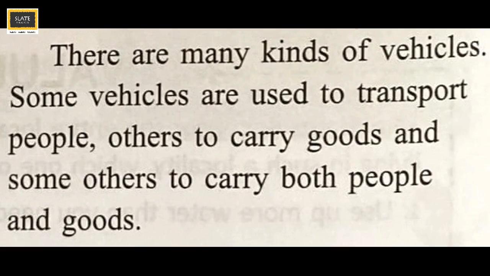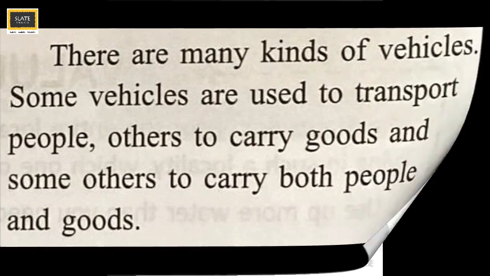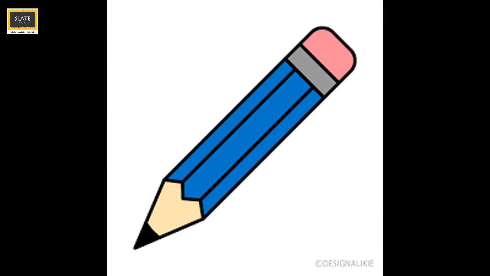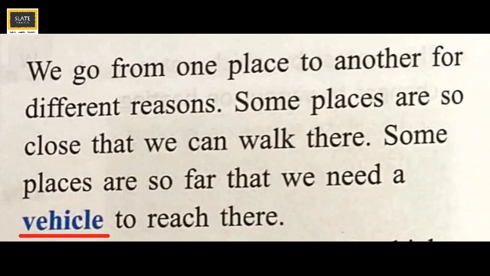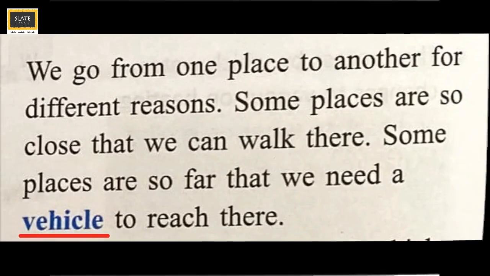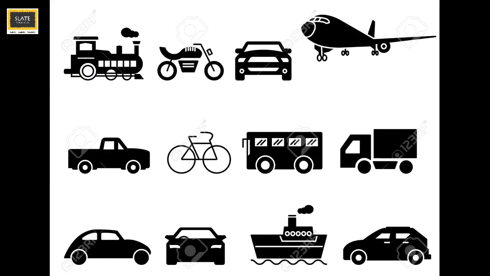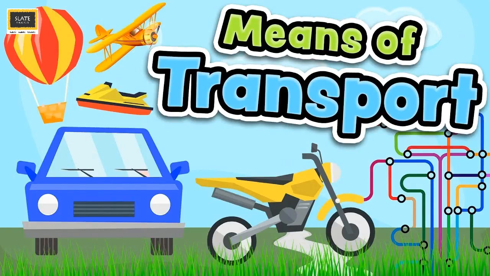Some vehicles are used to transport people, others to carry goods, and some others to carry both people and goods. Slaters, underline the word vehicle. V-E-H-I-C-L-E, vehicle. It means a means of transport. For example, car, scooter or bus.